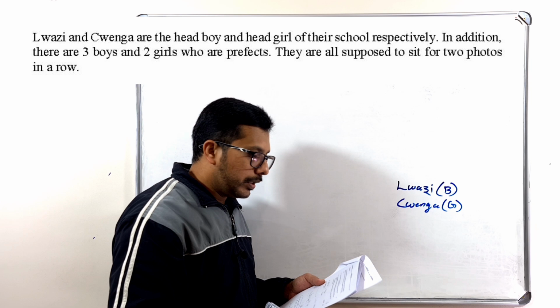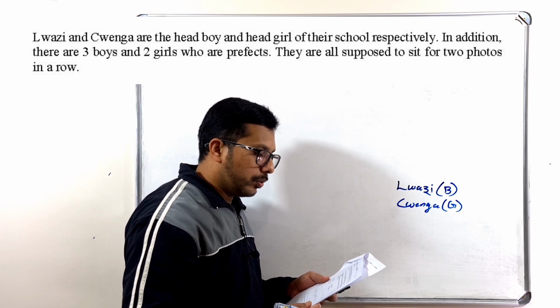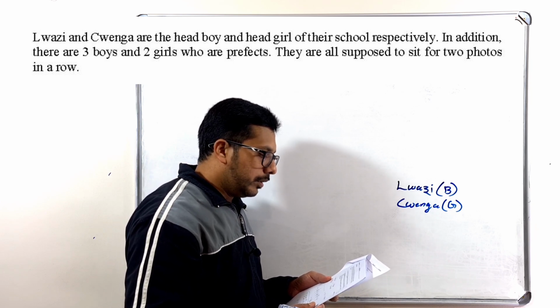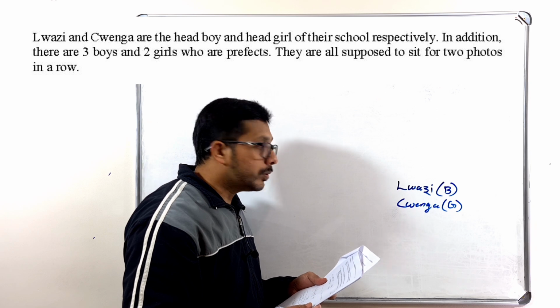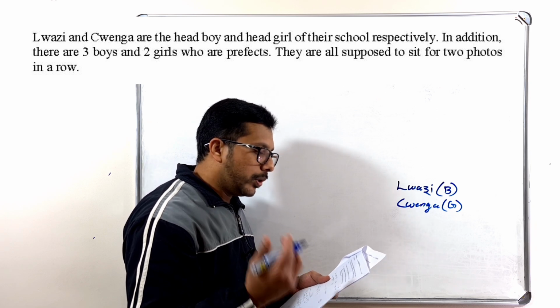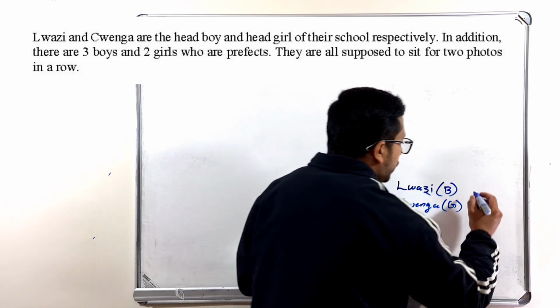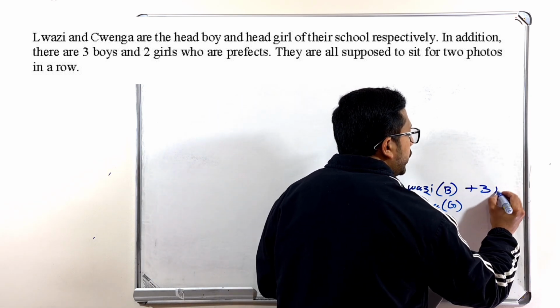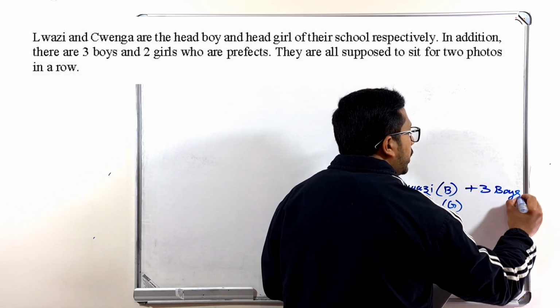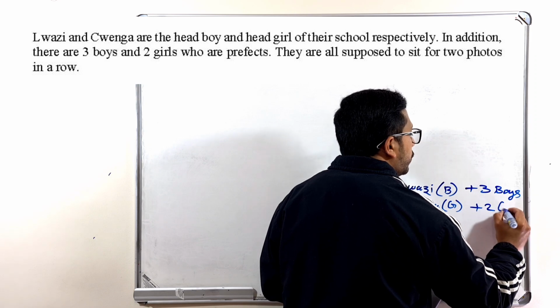They are the head boy and the girl of their school respectively. In addition to that one, there are 3 boys and 2 girls who are prefects.